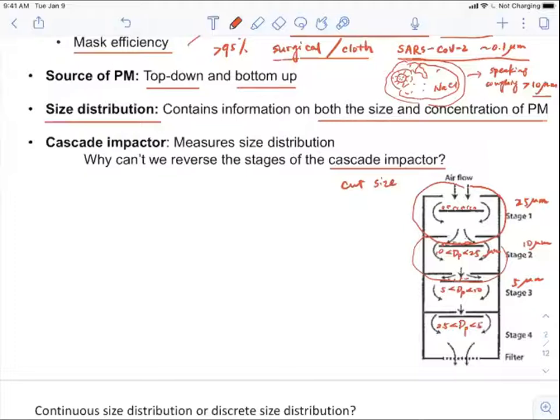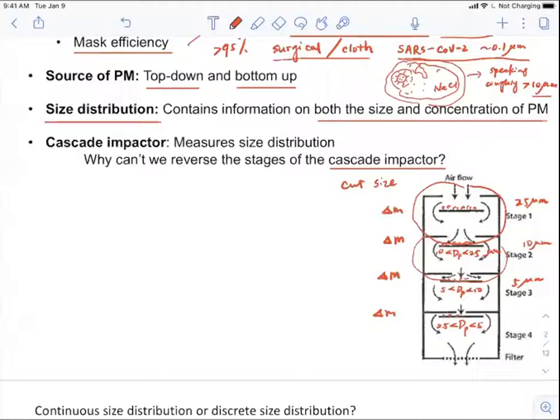Okay, so once we have the mass of the particles, after some time of sample collection, we can take out this stage here and measure its mass, right? We can get the delta mass, basically the mass that's deposited on different stages of the impactor.